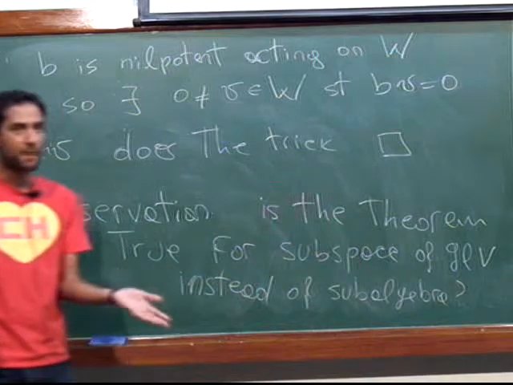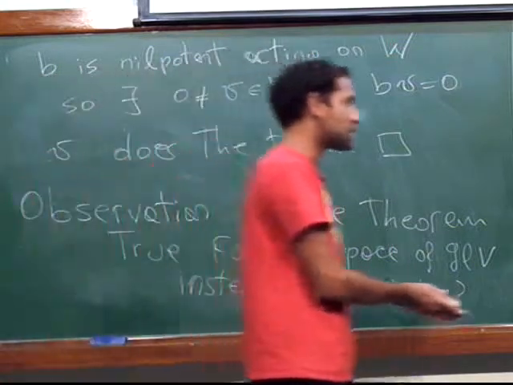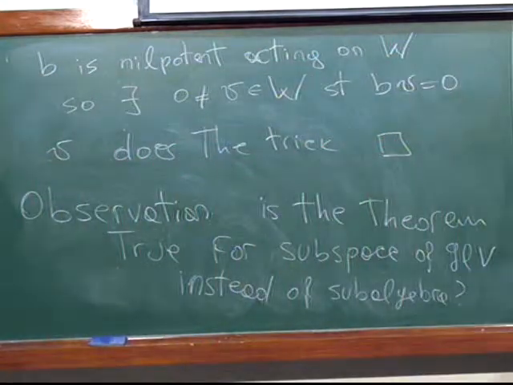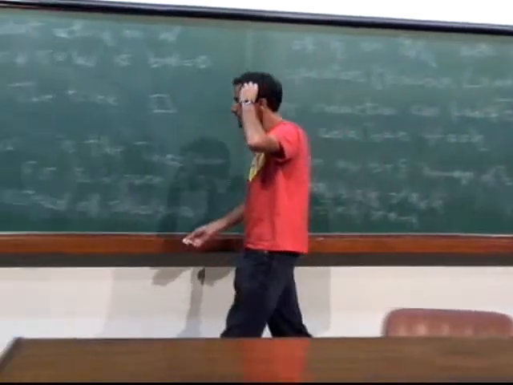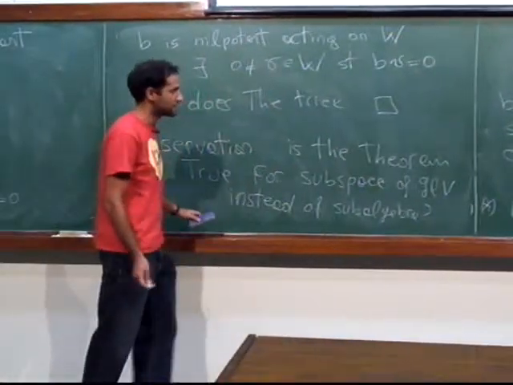Namely, if I give you a subspace inside of the space of matrices, consisting of all matrices that are nilpotent, is it true that you have one vector that gets killed by all of them? And the answer is no. So we really need the algebraic structure, the Lie algebra structure for this space.